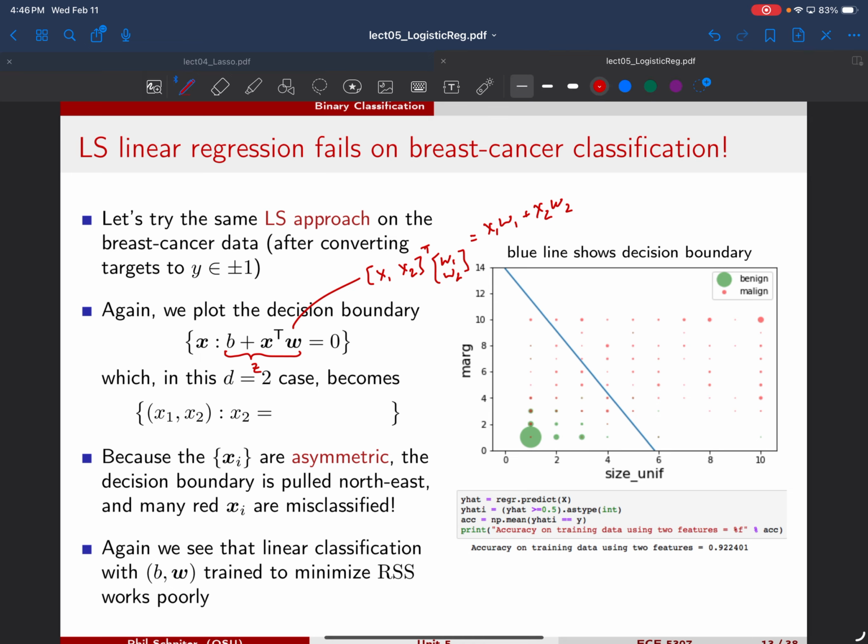We get x2 equals minus b over w2 minus w1 over w2 times x1. All I did is simple algebra, rearranging this equation so that x2 appears on the left and x1 appears on the right. And this is kind of like a high school plotting exercise, right?